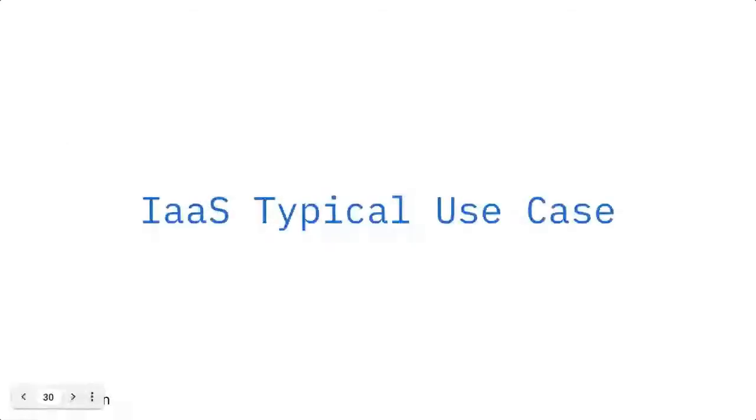So what does a typical IaaS use case look like? IaaS represents more general purpose compute resources, and so it's able to support use cases of pretty much any type.